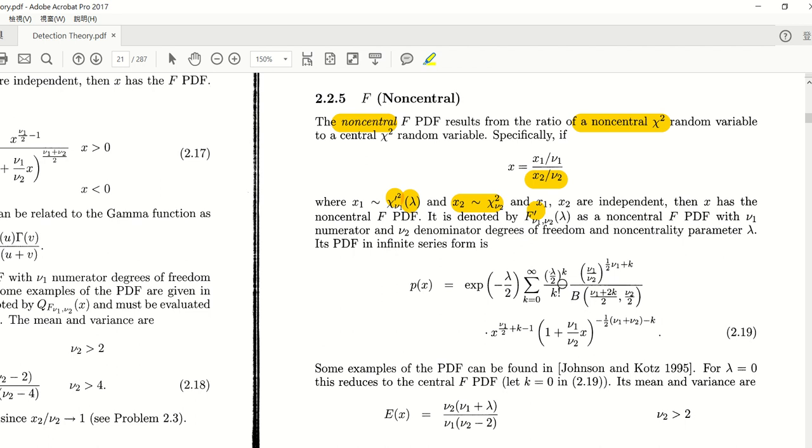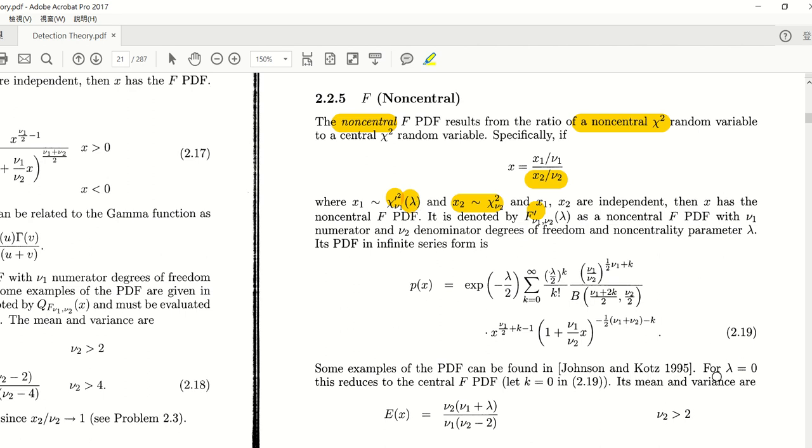Let's go back and look at lambda equal to 0. What are you expecting to see? It would be the central version of the F distribution, right? When lambda is 0, it would degenerate back to the central version.